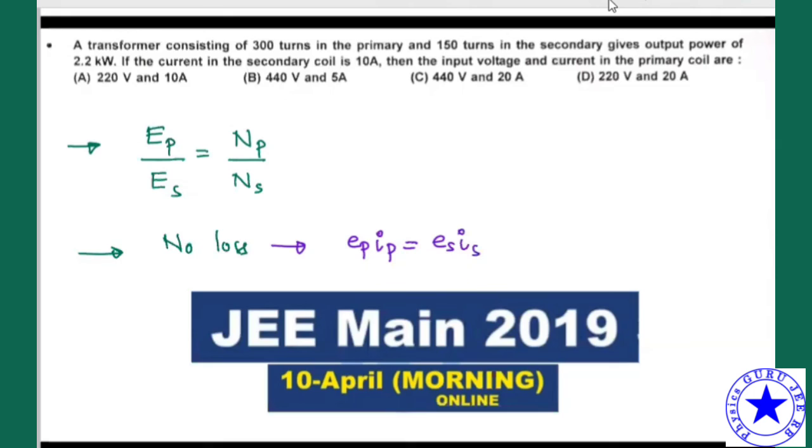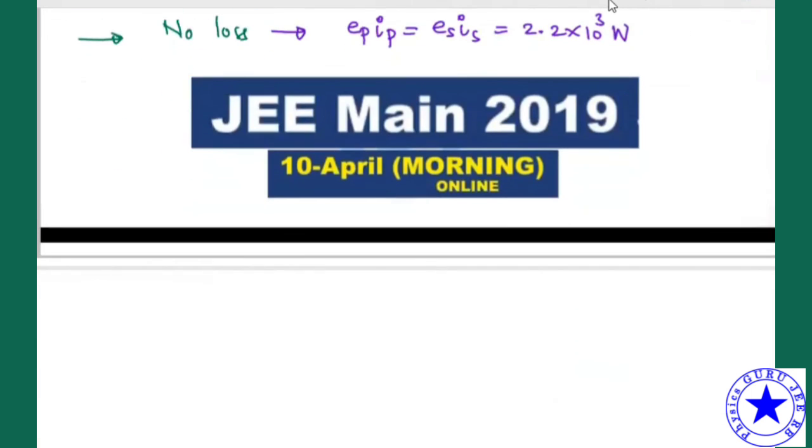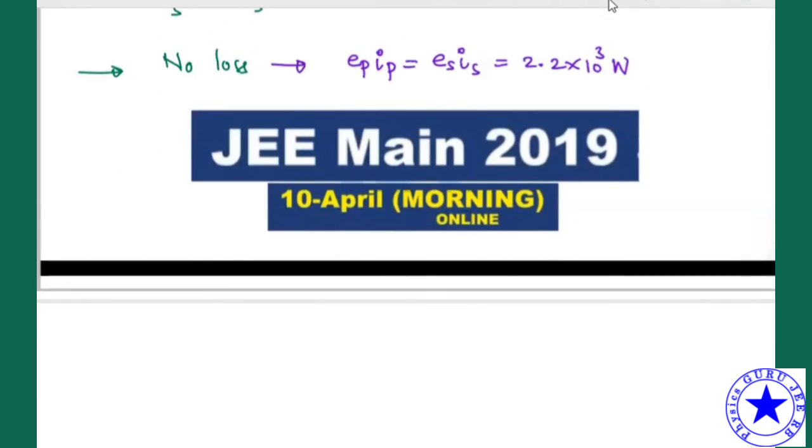Okay, it is clear. Now, which is equal to what is given in the problem, 2.2 kilowatts, that is 2.2 times 10 to the power of 3 watts, right? In which I can take ES, the secondary voltage, as 2200 divided by IS, that is 220 volts. Here first I will calculate EP.